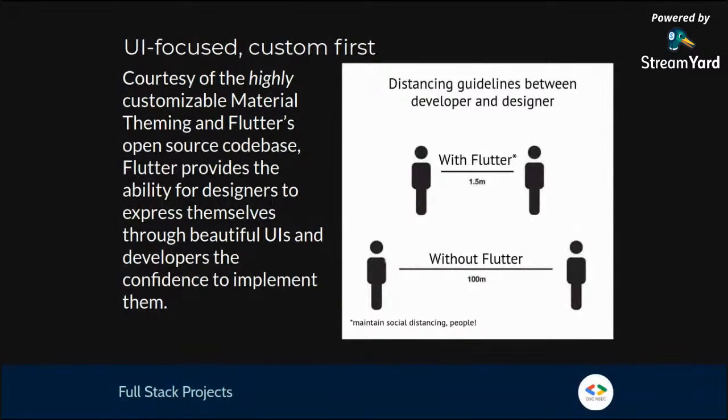This expansion of material design and Flutter's open source code base gives designers the ability to express themselves through beautiful UIs and developers the confidence to implement them. So Flutter finally makes real developer designer collaboration possible. Designers can build UIs and throw them at developers, and the developers can build them instantly without any hesitation.